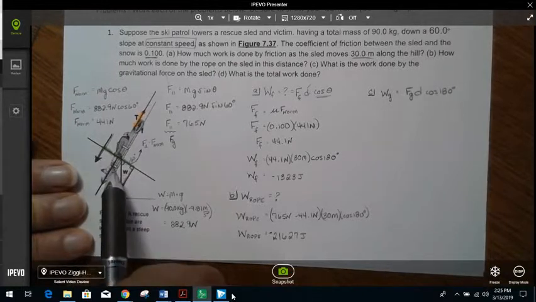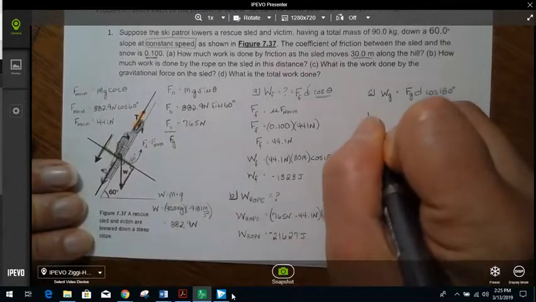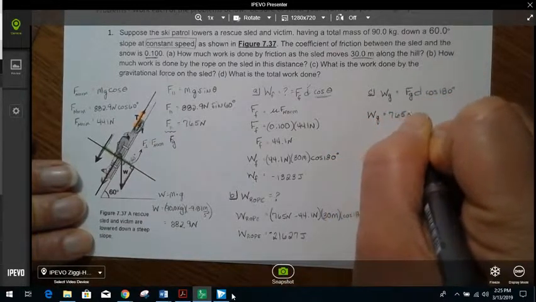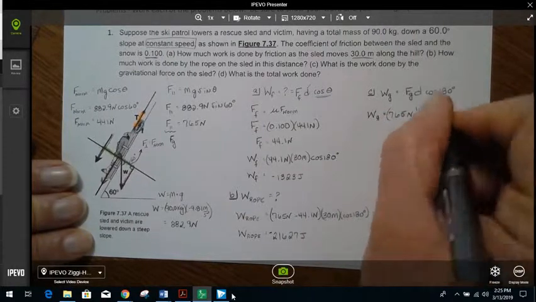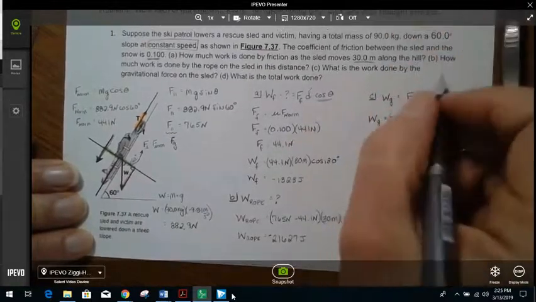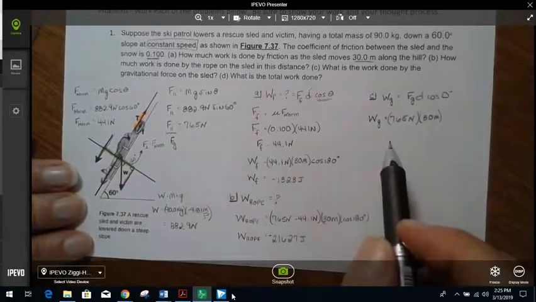So it's acting in the same direction as the displacement. So the work done by gravity is 765 newtons multiplied by 30 meters multiplied by not the cosine of 180, but the cosine of 0. So that's just 1. So that goes away.